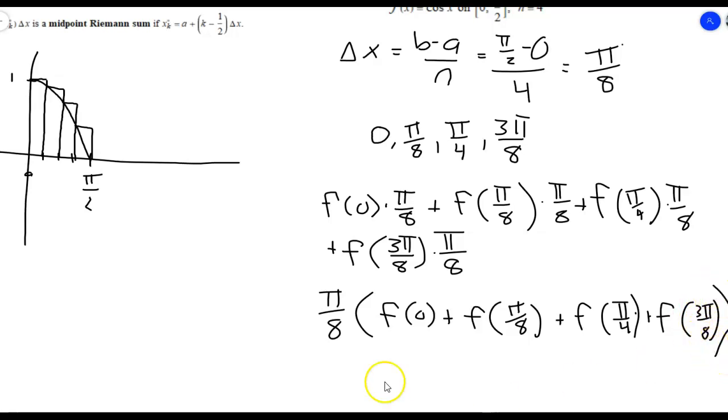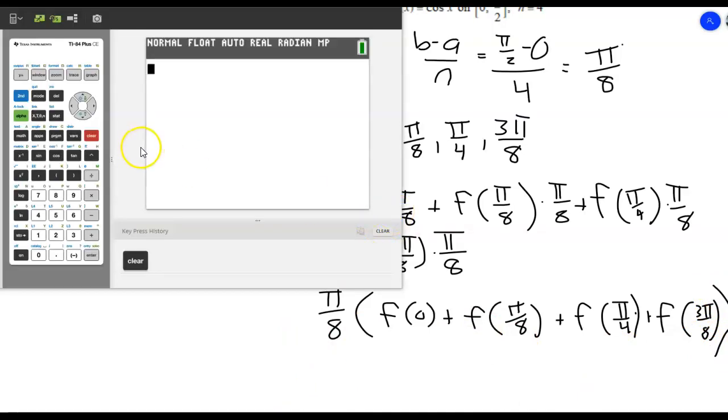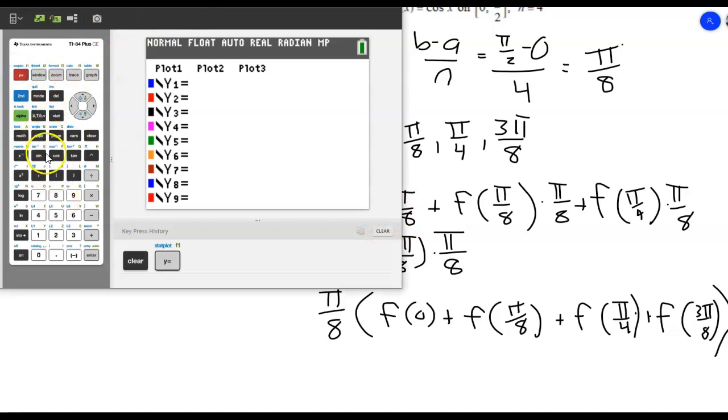All right, so I got that. Well, now let's go to my calculator. So I'm going to go ahead and put my function under y equals. We said it's cosine of x, right? Yep, cosine of x.